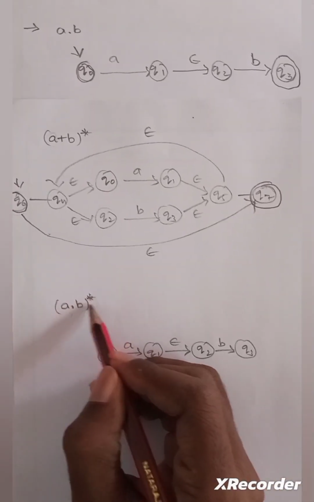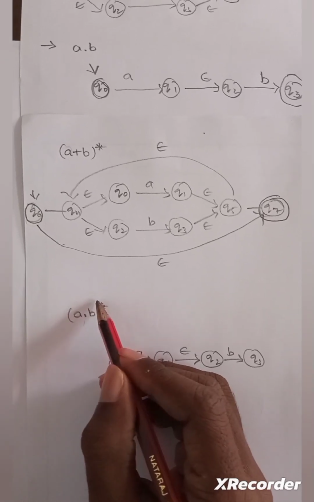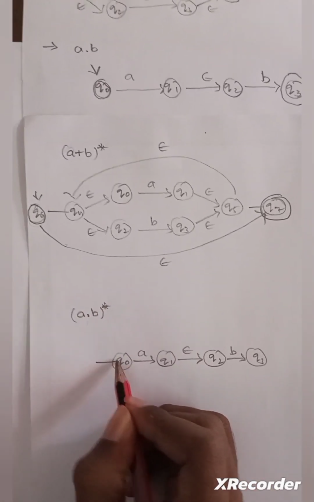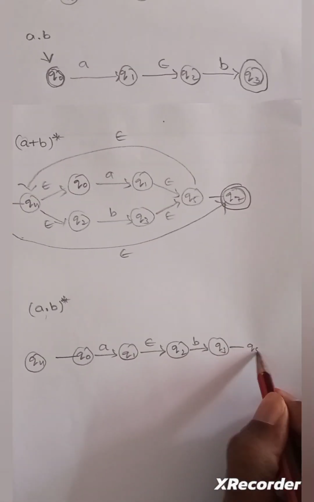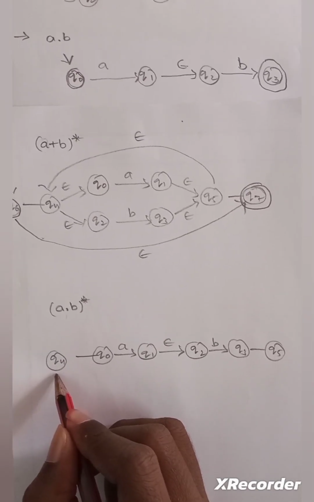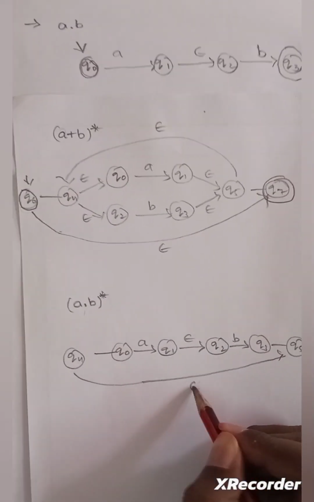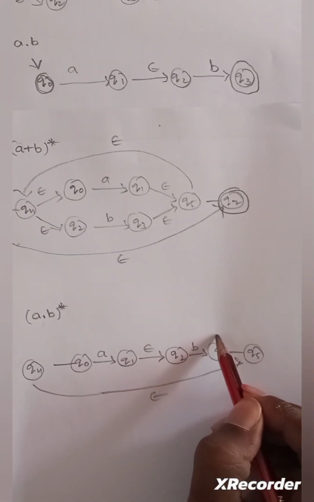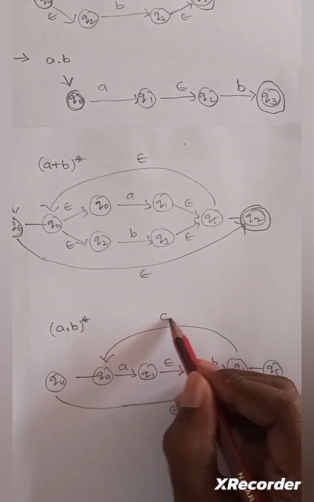And we have here an extra part, the multiple closure. As I said, whenever we have multiple closure, we have to take two more states. Let the states be q4 and q5. After that, we connect the first state to the last state by epsilon, and the second state from the ending to the second state from the beginning by epsilon.